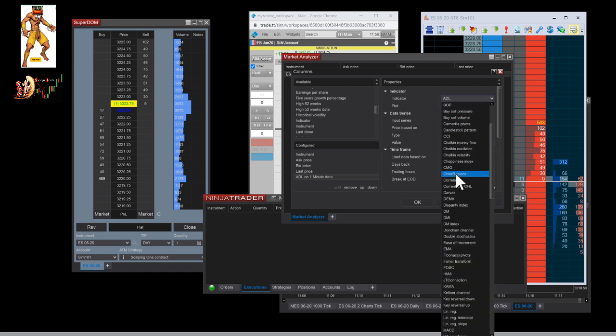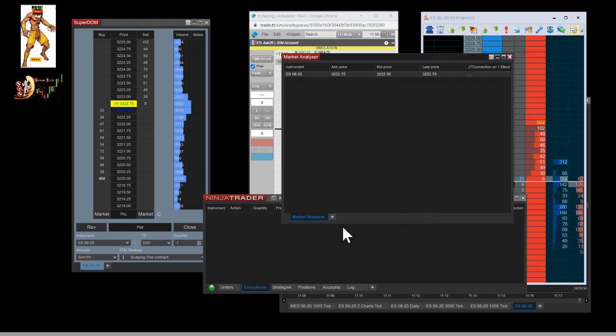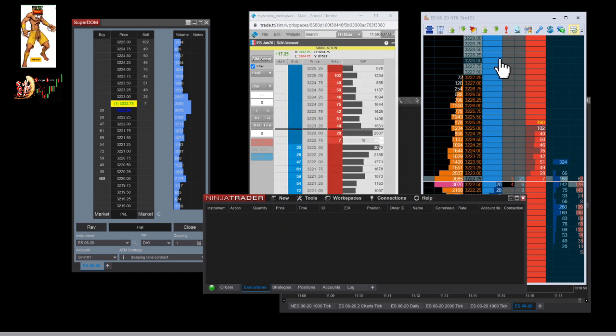It's called GT connection. So it's the Jigsaw connection, and then it will automatically link Jigsaw to your platform. Whenever you launch Jigsaw, it will recognize that you have NinjaTrader and it will be synced.